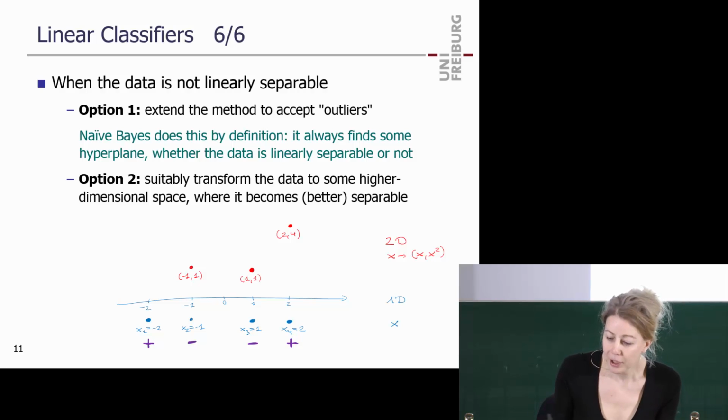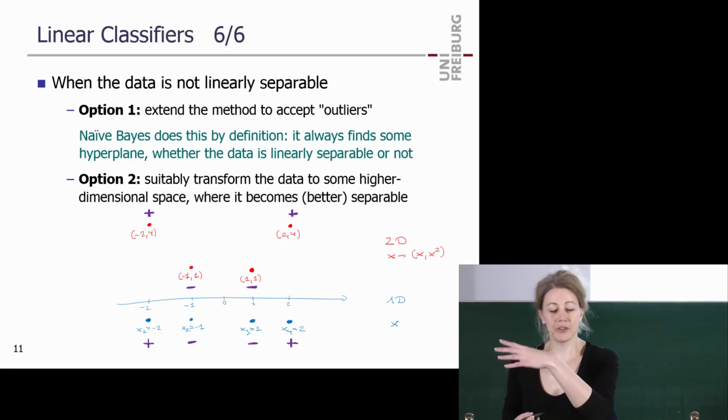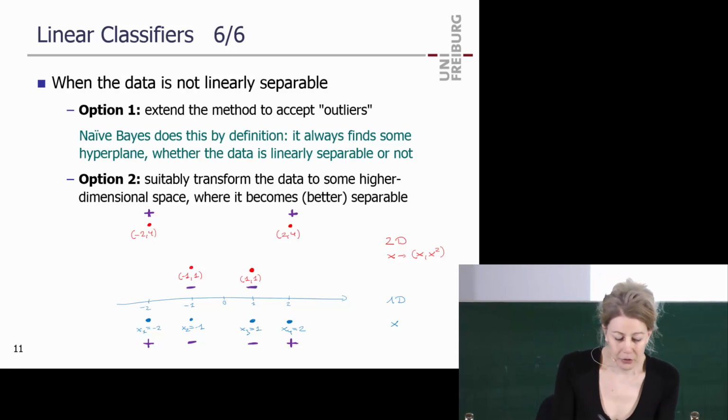So out of just a transformation, every point is transformed to the original coordinate and the coordinate squared, and now I get a point minus 2, 4, right? The classes remain, so this is a plus, and this is a plus, and this is a minus, and this is a minus, et voila, now I can separate them, right? Interesting, huh?